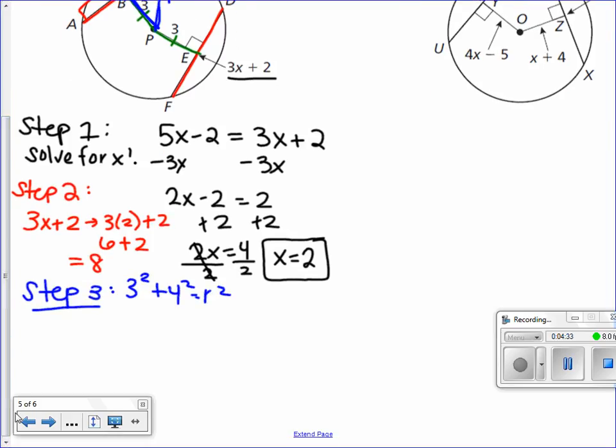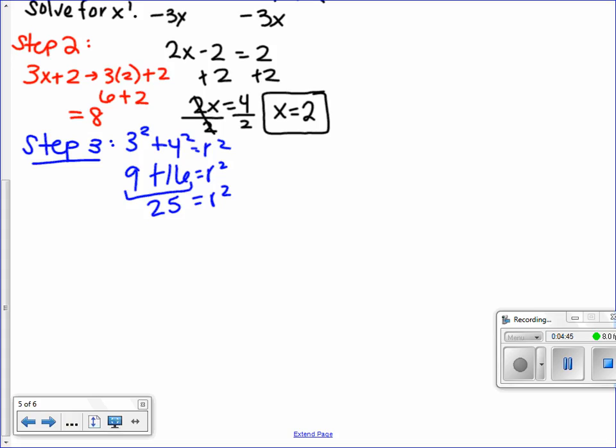This is an easy one again. 3 squared is 9. 4 squared is 16. 9 plus 16 is 25. Square root that, and your radius equals 5. And that is your answer.